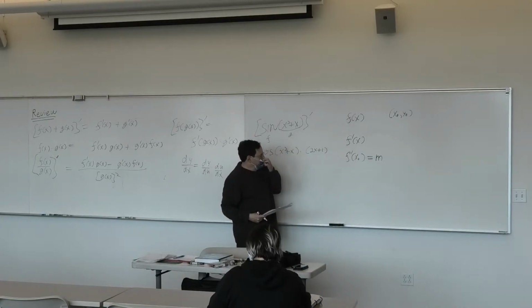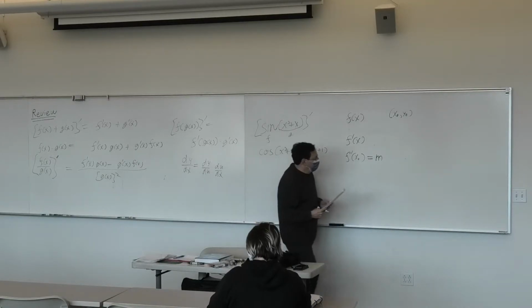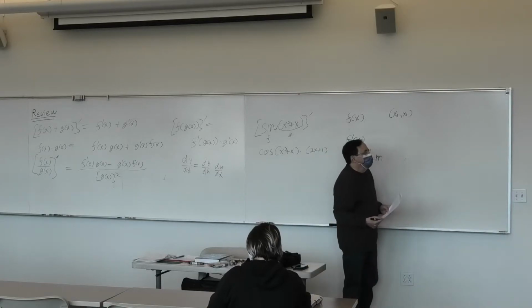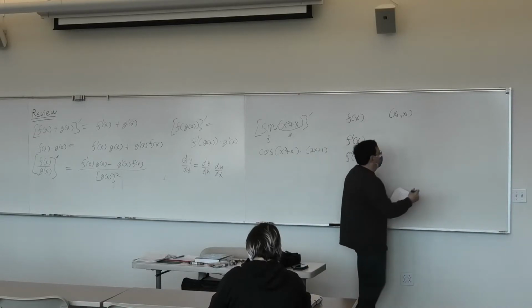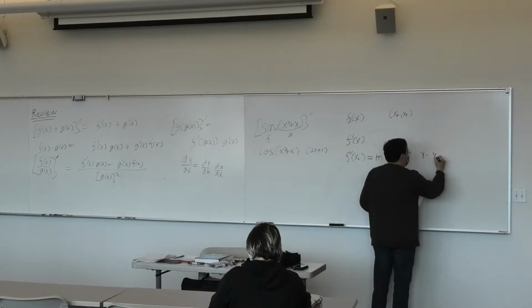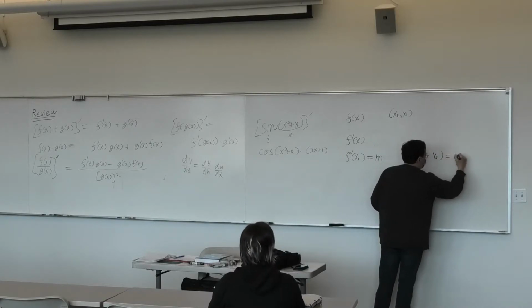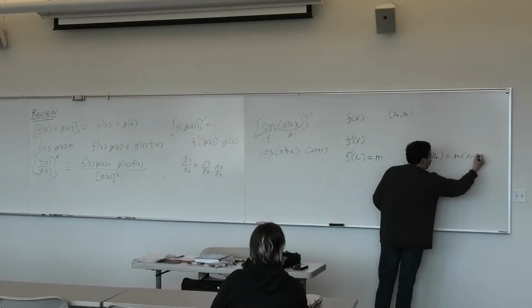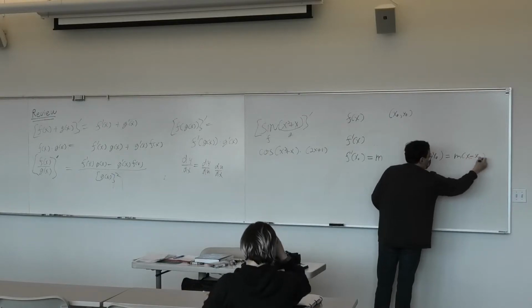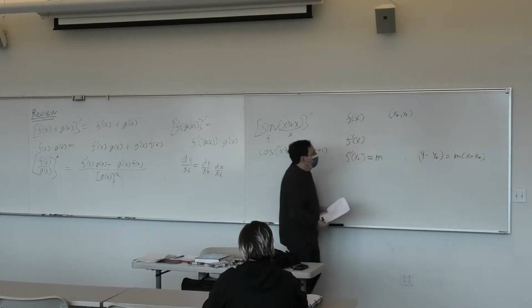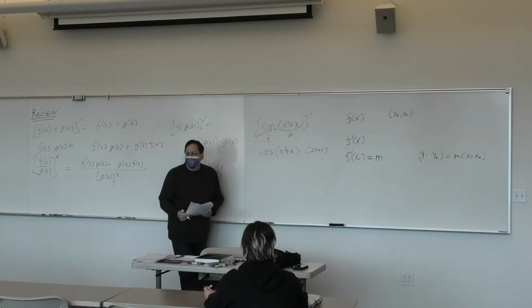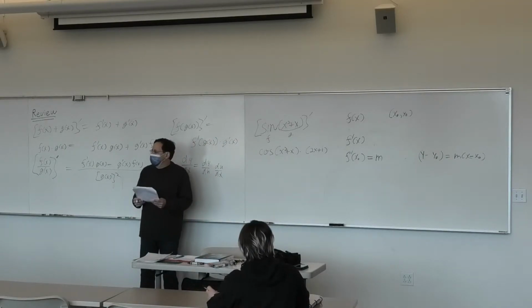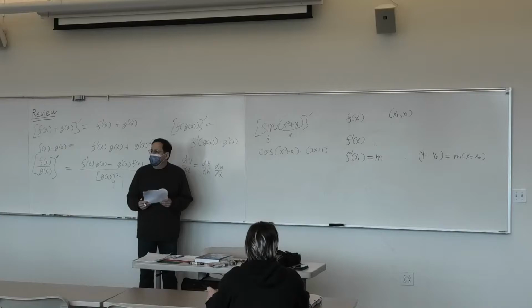And from there, it's pretty easy just to apply the slope-point form. y minus y0 equals m times x minus x0. You get that equation. You should be able to do that in your sleep, maybe.